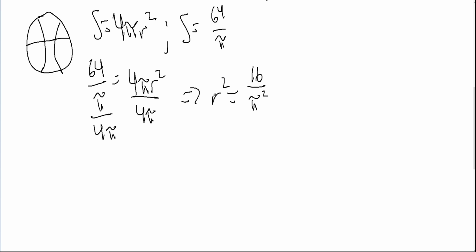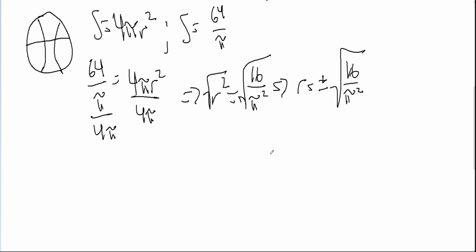Now to obtain solutions for r, I just take the square root of both sides, and I'll get r is equal to plus or minus the square root of 16 divided by pi squared. And it doesn't make sense for us to have a negative radius, so we can just reject the negative solution that we get for r. So our only r value is then the square root of 16 divided by pi squared, which can be reduced to 4 divided by pi.